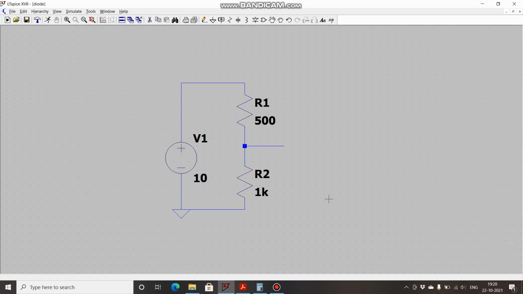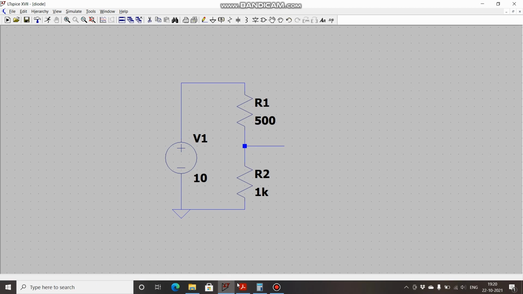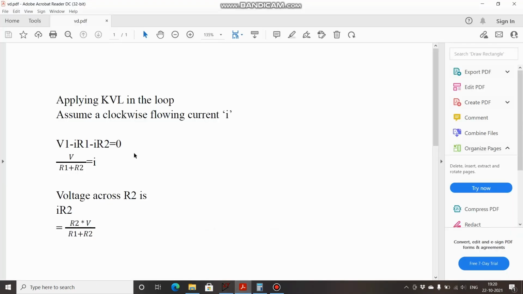So first we will do the derivation of the voltage divider circuit, and then we will see how to approach when there are more resistors. So if you see this circuit, R1 and R2, a resistive network. If you apply KVL, then what you will get is V1 minus I R1 minus I R2 equal to 0.